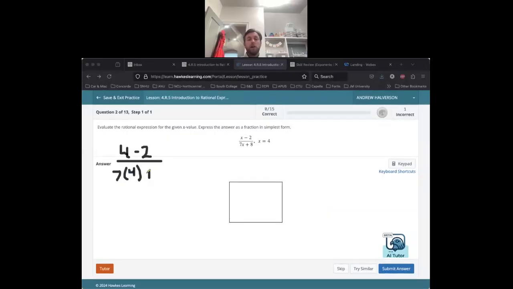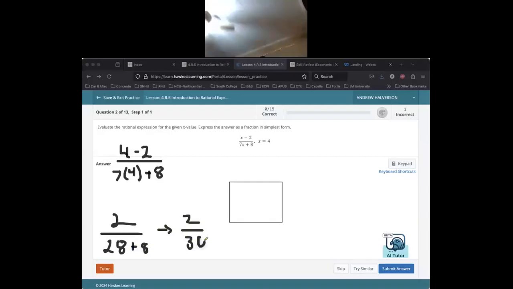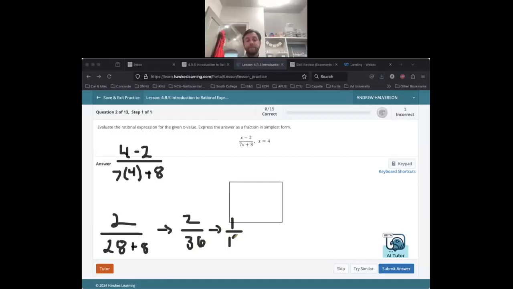And then you just apply your order of operations to simplify the expression. So this becomes 2 over 28 plus 8. And so it's 2 over 36. And that becomes 1 over 18.